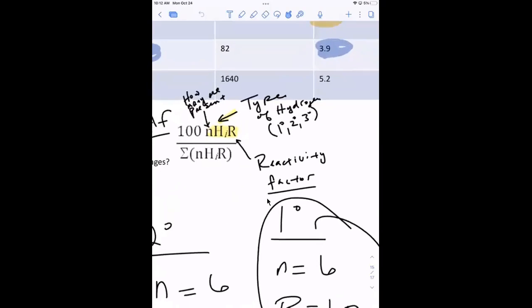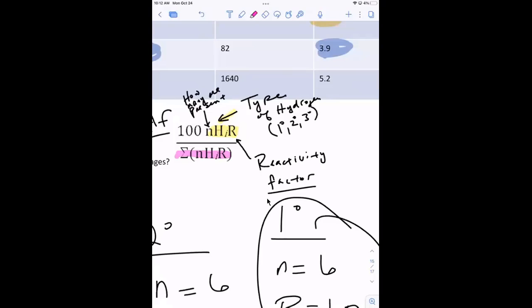That's the denominator value. Are y'all following that? The sum in the denominator is everything all together: secondary plus primary plus tertiary. Following? Yes. Are y'all following online? Yes.